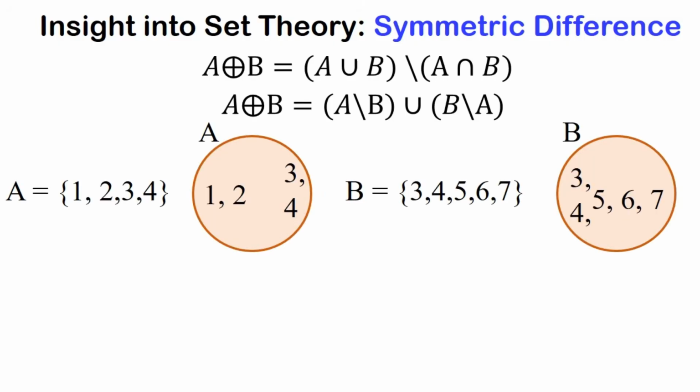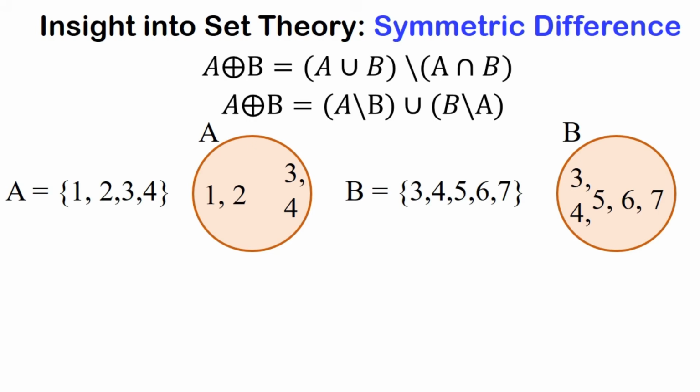Now we are going to solve one problem that will help us understand symmetric difference. Let's use the same sets that we used for difference. Here we have A to be 1, 2, 3, 4, and we have B to be 3, 4, 5, 6, 7. You can see clearly that they have something in common, and that is 3 and 4.